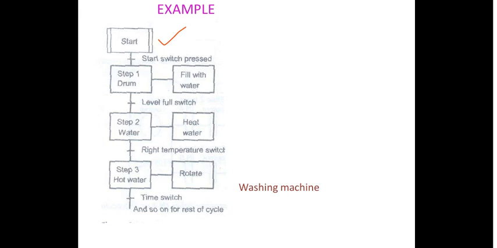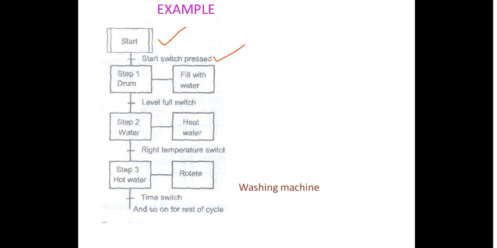Therefore here your first step, or whatever the action that is taking place, is identified by a variable called drum. The drum is the thing I am interested in at the first transition, and I wish to see whether the drum is filled or not. Whether the drum is filled or not is the action, that is the output which is taking place.